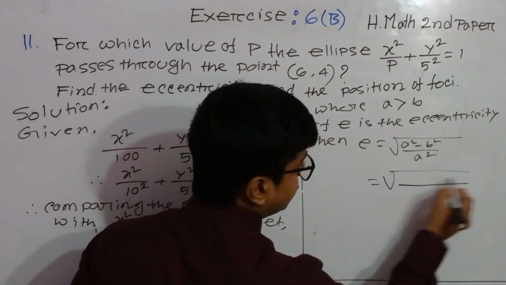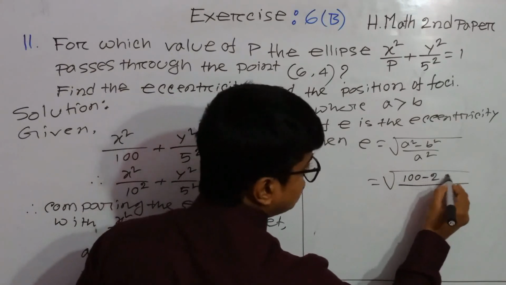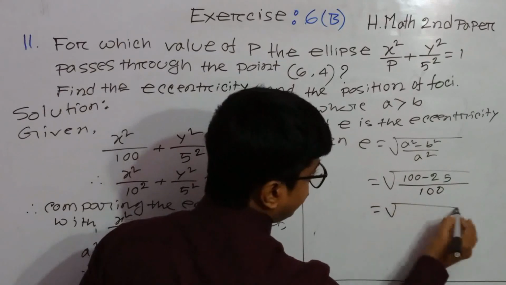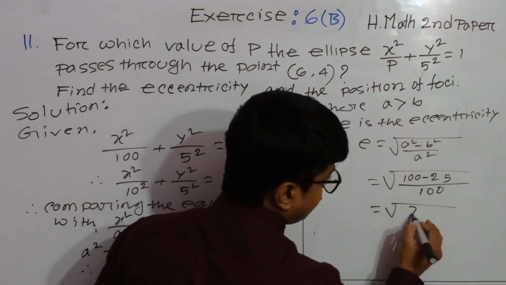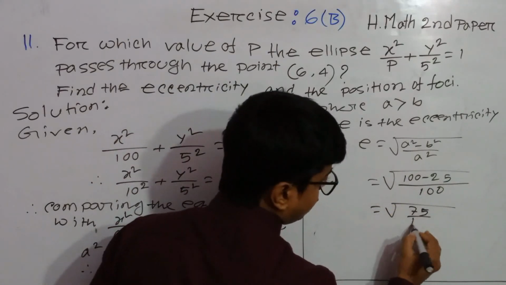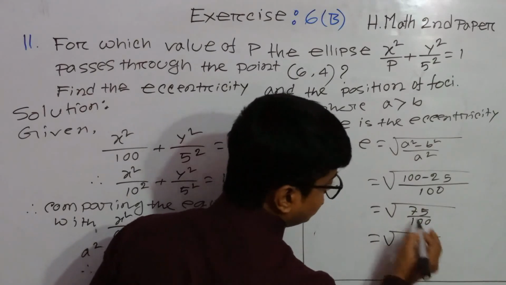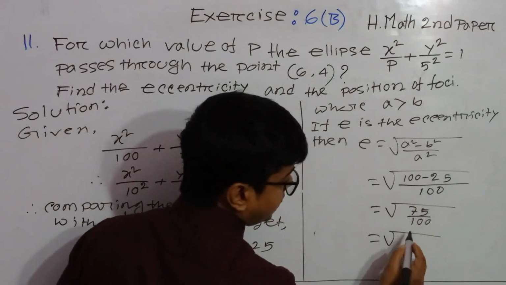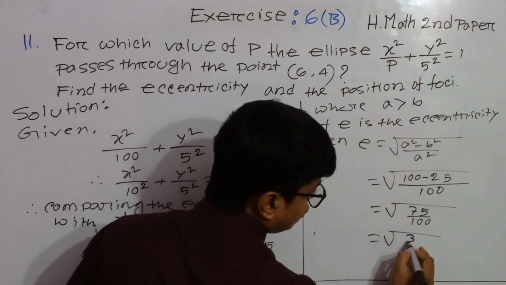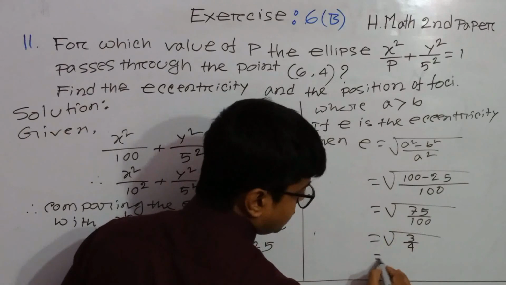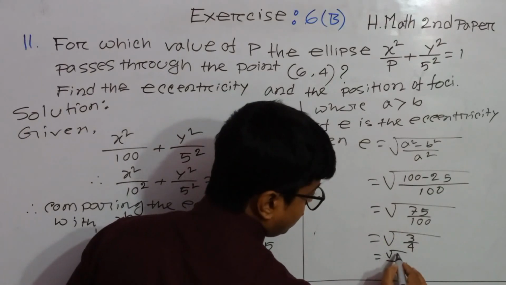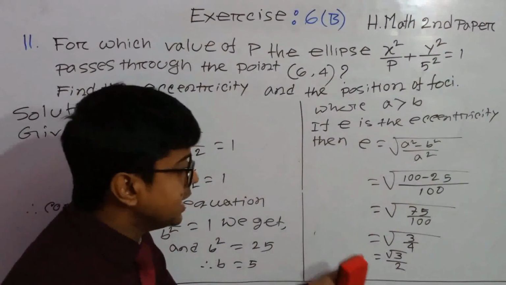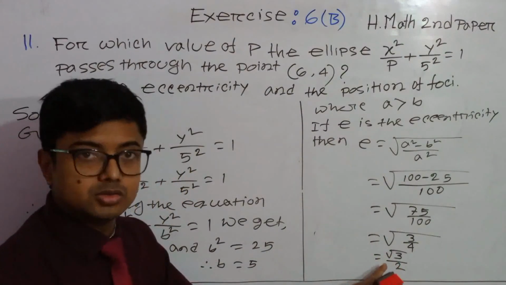So we can write 100 minus 25 by 100. After calculation it will be 75 by 100, which is 3 by 4. After calculation it will be root 3 by 2. Look at this, here e equals root 3 by 2.